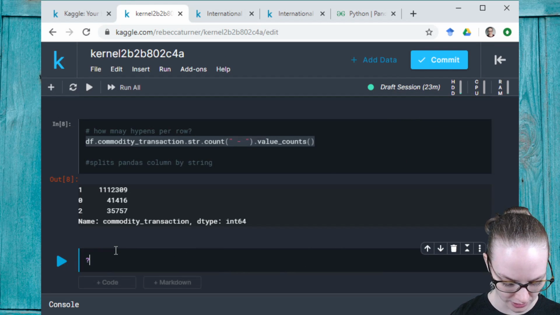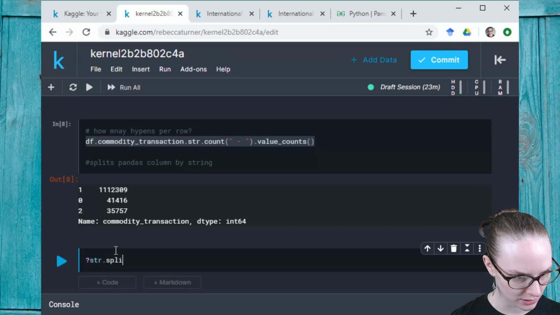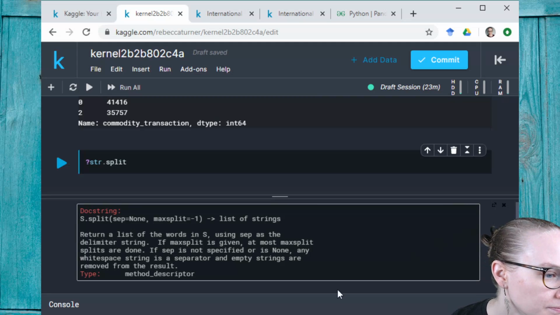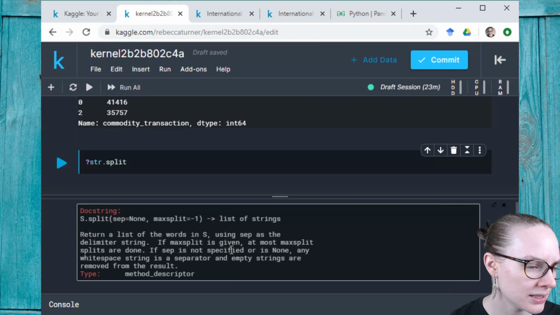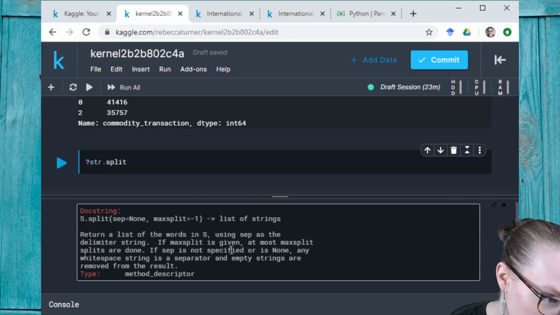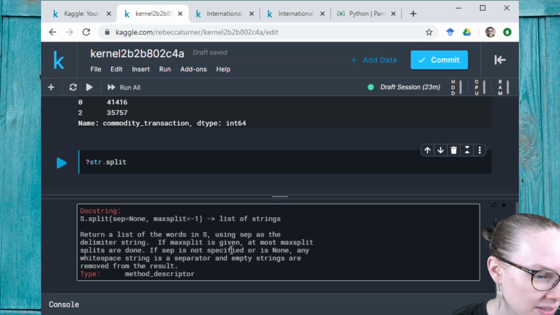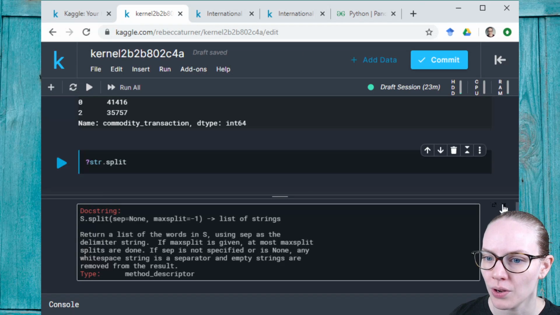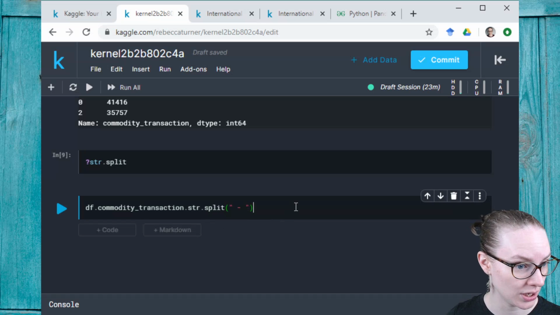Let's actually look at split. I don't think this is going to be enough information for us to get to the, oh, it is. List of strings. Return a list of words in string S using sep as the delimiter string. If max split is given, at most max splits are done. If sep is not specified or is none, any white space string is a separator and empty strings are removed from the result. All right. Will this give us columns out though?